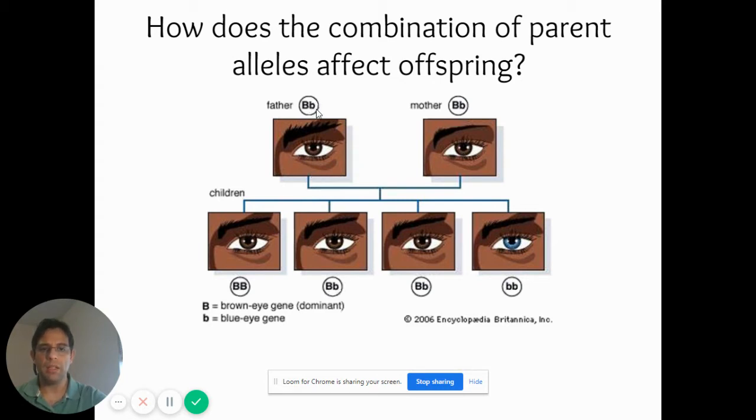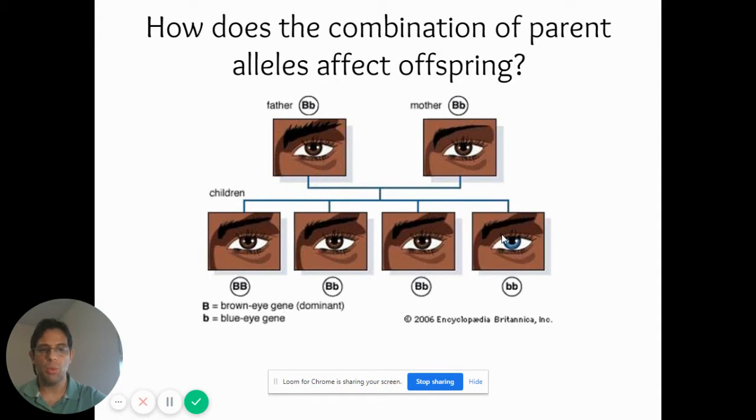Now, if dad donates the lowercase b and mom donates the uppercase B, we have also upper B, lower b. And the other chance is that dad donates the lowercase b and mom also donates the lowercase b. And then we have homozygous recessive, and that's the only way it can show a blue eye color.